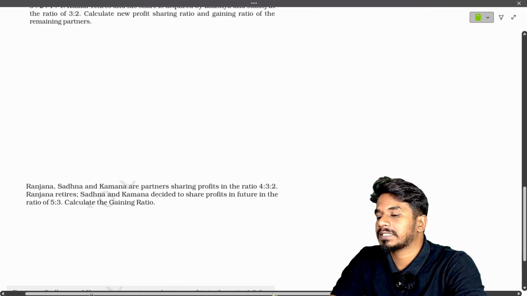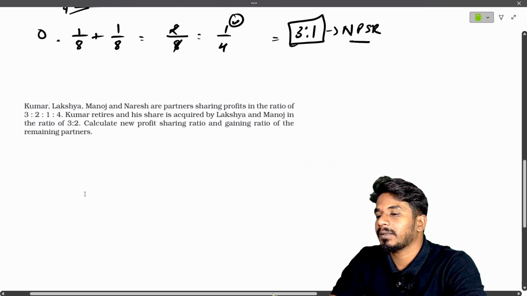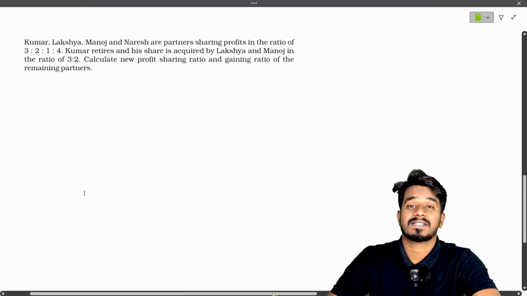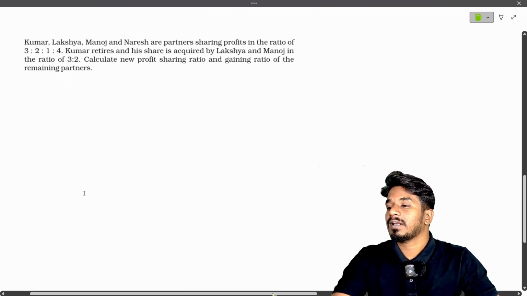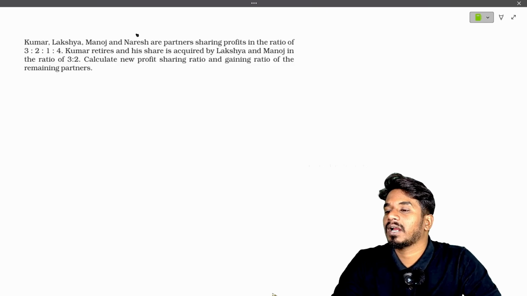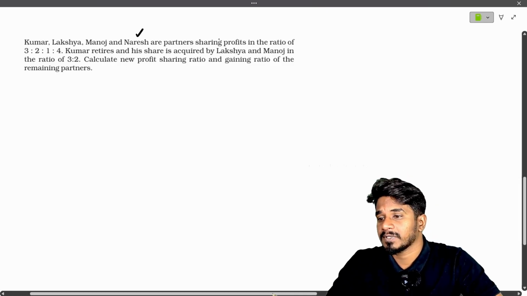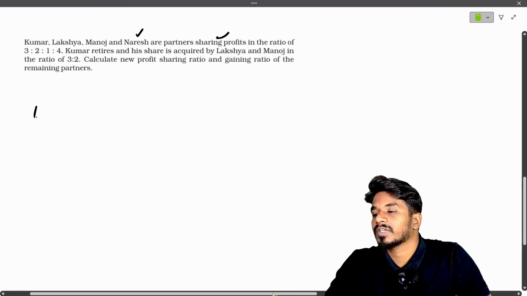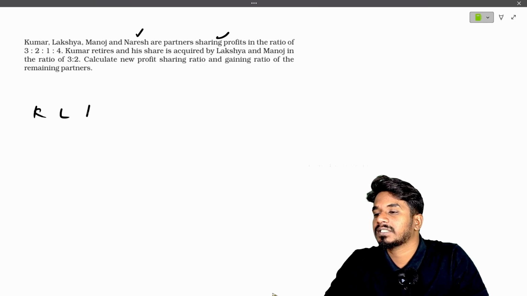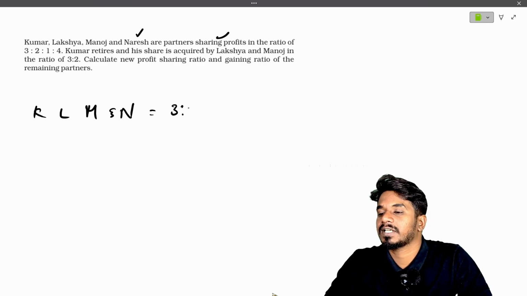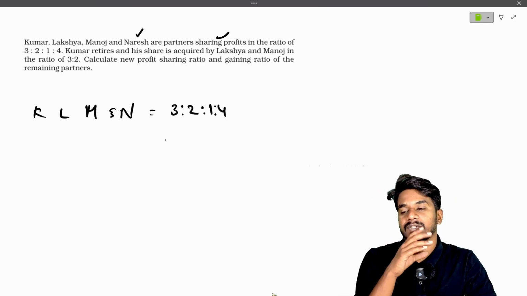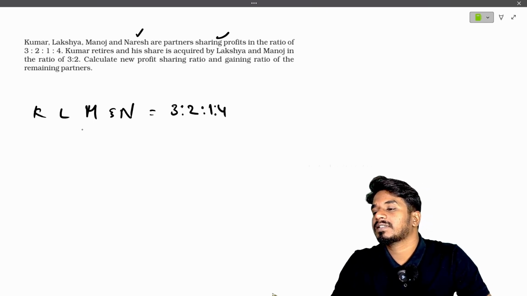The next question is a little tricky, but it is simple only. Kumar, Lakshya, Manoj, and Naresh are partners, sharing profits in the ratio 3 is to 2 is to 1 is to 4. Kumar is retiring.